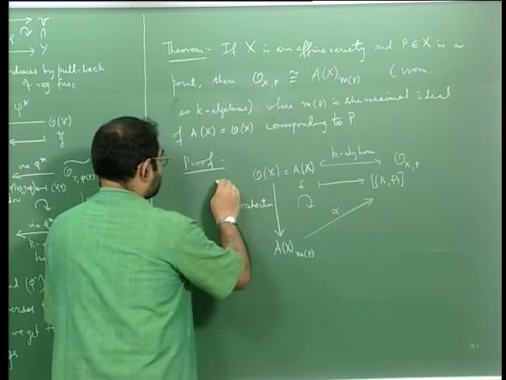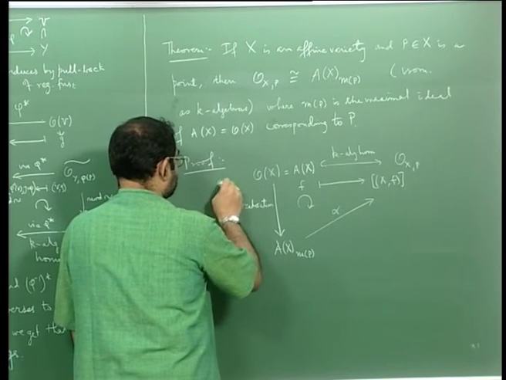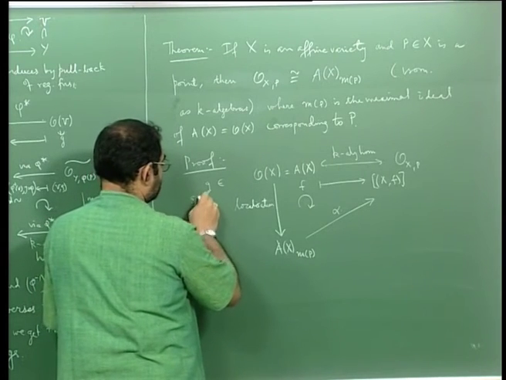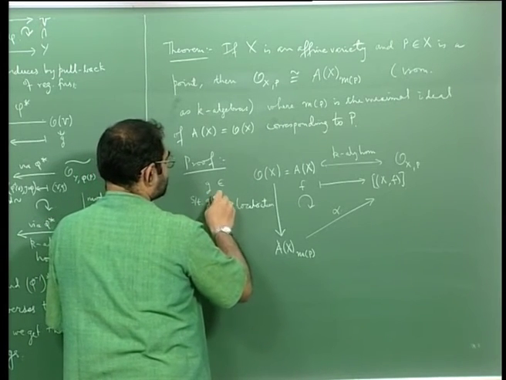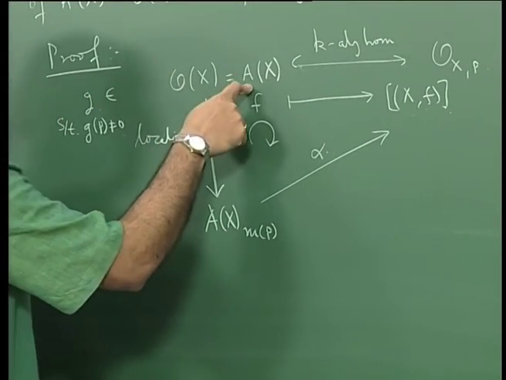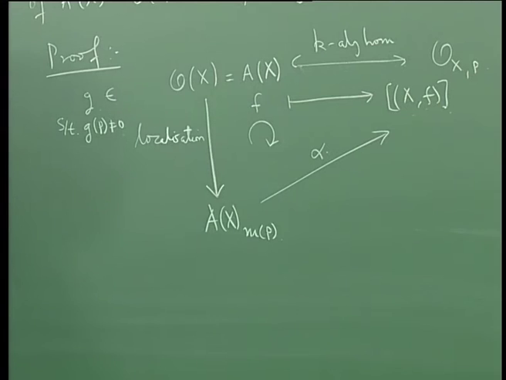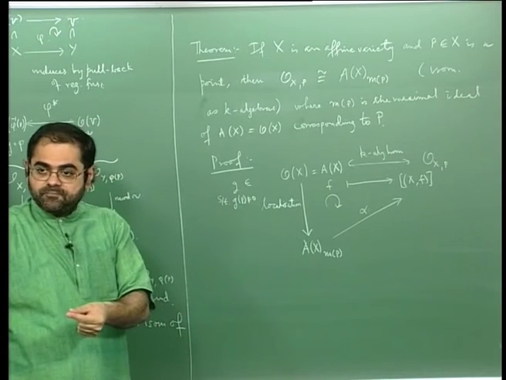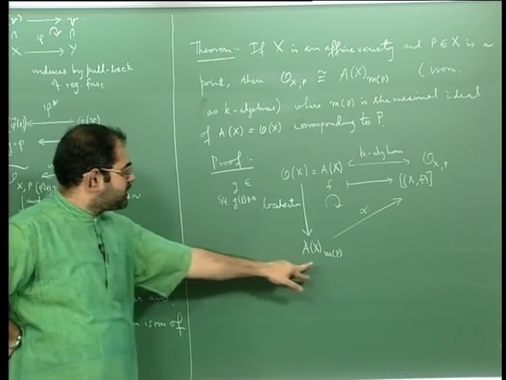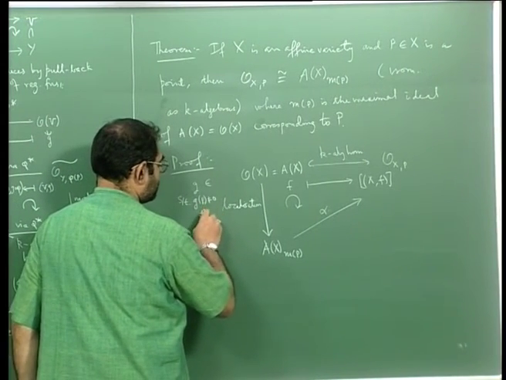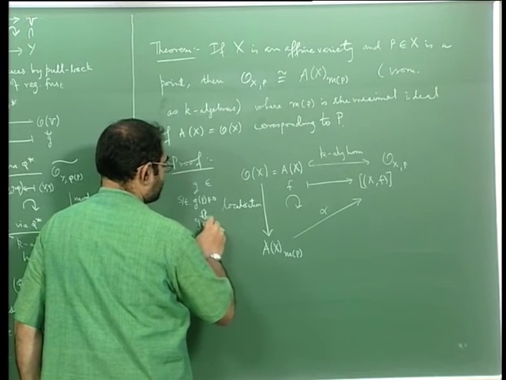See, suppose you start with a global regular function on X, g, an element of O_X which is the same as A_X, such that g(P) is not 0. Then this is equivalent to saying that g does not belong to M_P.